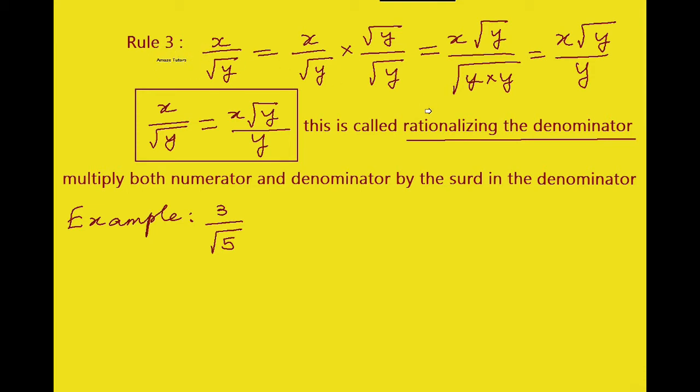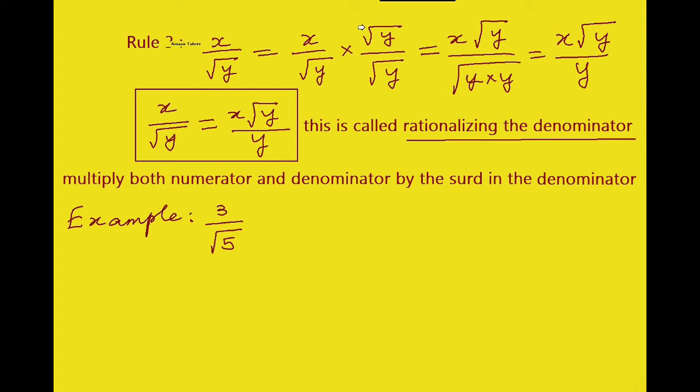That is why the process is called rationalizing. We try to make the irrational number a rational number. That is what is happening here. This is called rationalizing the denominator. Very, very important concept under surds. You will get this in exams.